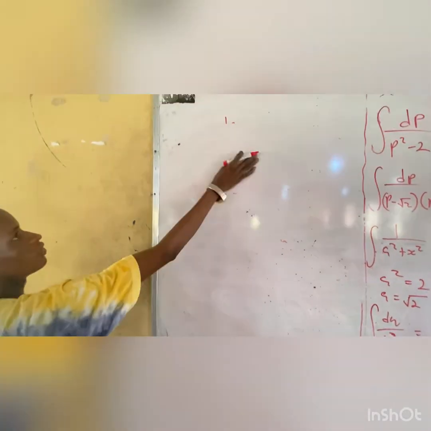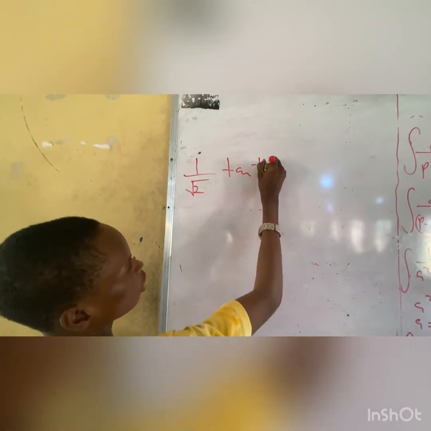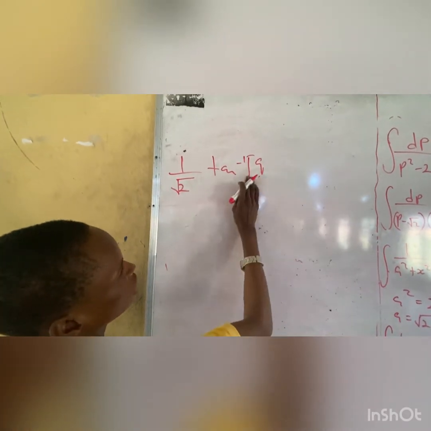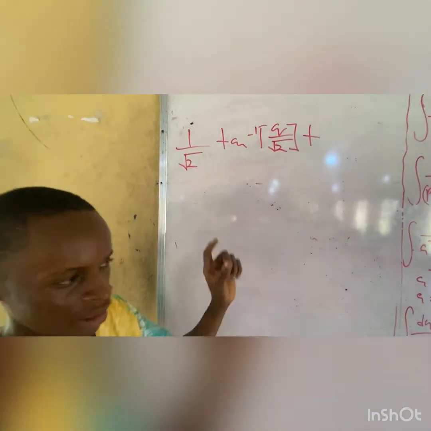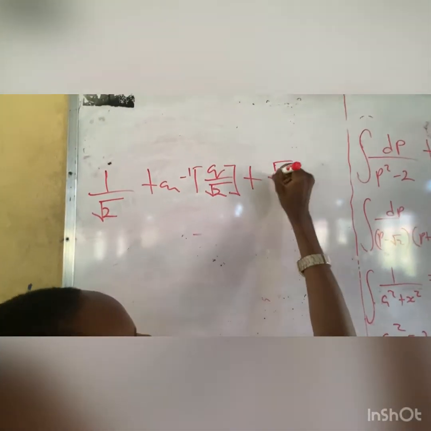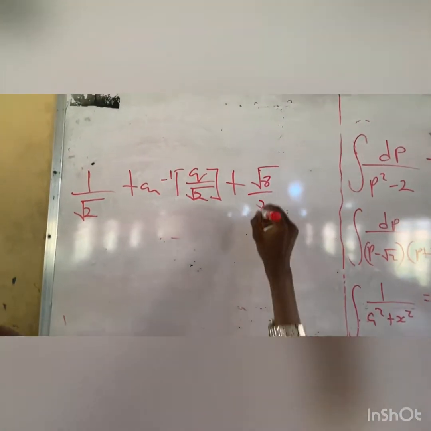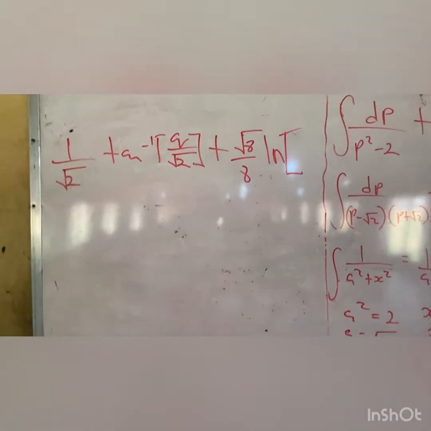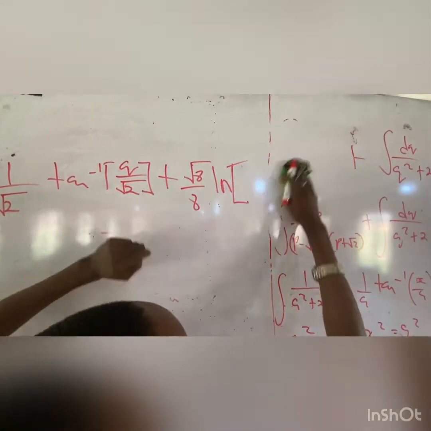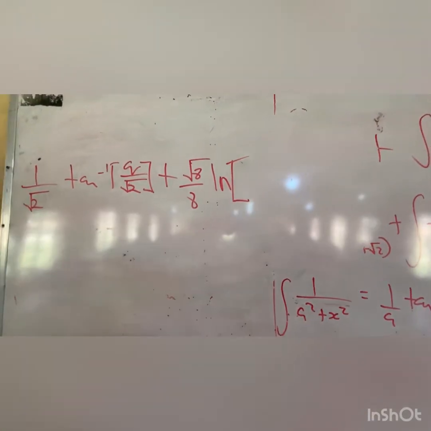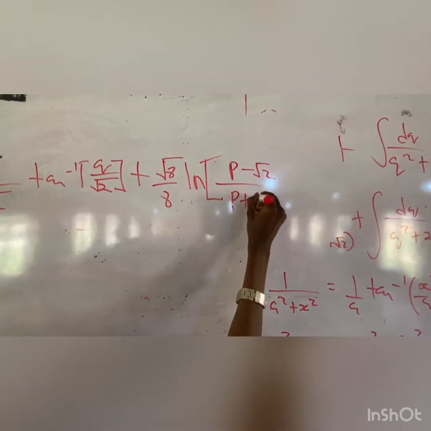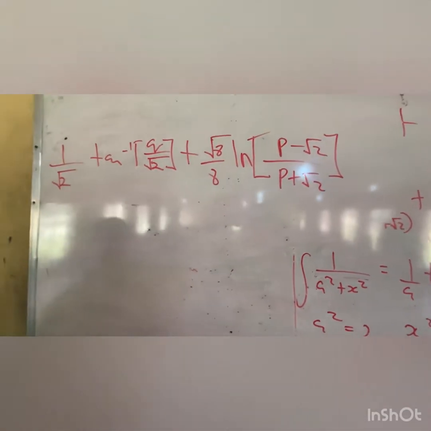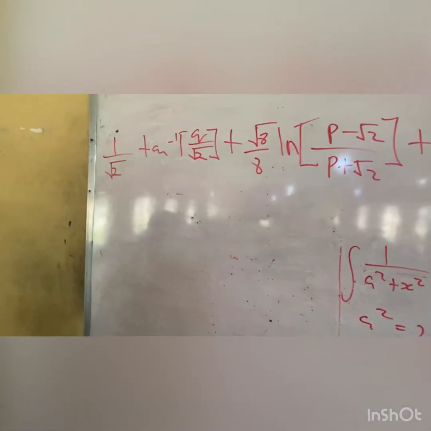So we have 1 over root 2 times the inverse tan of, sorry, the inverse tan of Q over root 2, plus the square root of 8 over 8 times the natural log of P minus root 2 over P plus root 2, plus C. So that's the final answer for the integral.